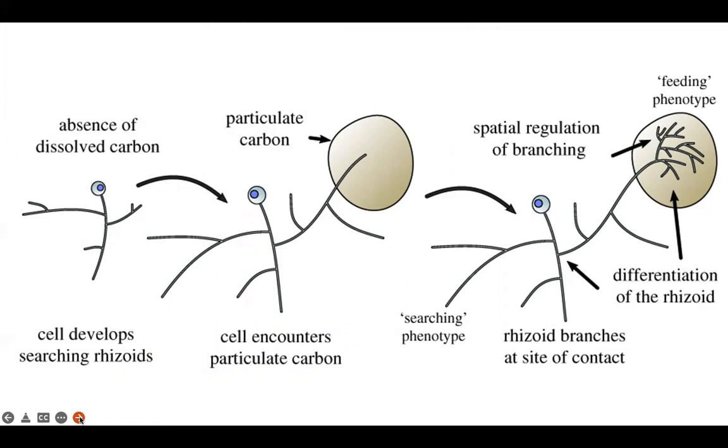So what we think is that the rhizoid is able to differentiate into a feeding phenotype and a searching phenotype. And what's really important to reiterate is that this is basically one cell. So we've got a unicellular fungus producing really quite complicated adaptive rhizoids in a sophisticated way. This is something we were really excited about, and something we can think about in terms of how they impact parasites.